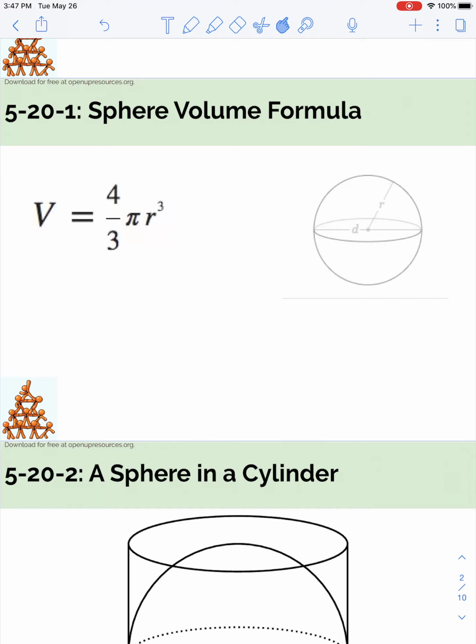And the reason why it's cubed is, as far as I'm concerned, because it's a three-dimensional object. A sphere is like a tennis ball. It's something that you can hold. It has 3 dimensions. It also doesn't have any sides per se. It doesn't have a bottom, like a cone and a cylinder.